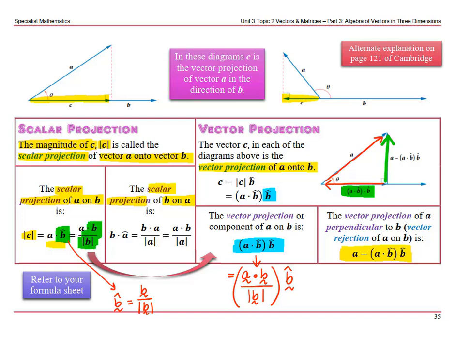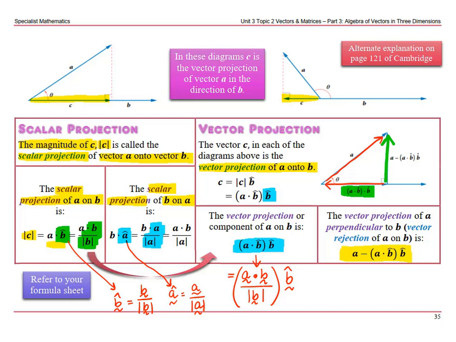Similarly, for B dot the unit vector of A, the unit vector of A is equal to A over the magnitude of A. So you can see that I've just replaced that unit vector of A with A over the magnitude of A. So that should make it easier for you to remember the formulas.